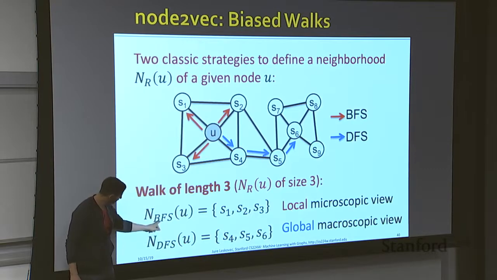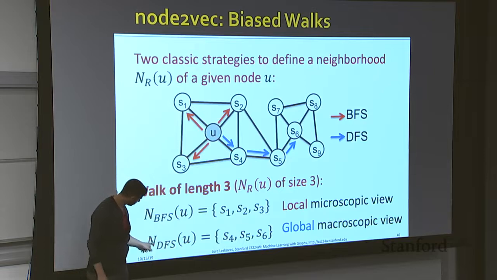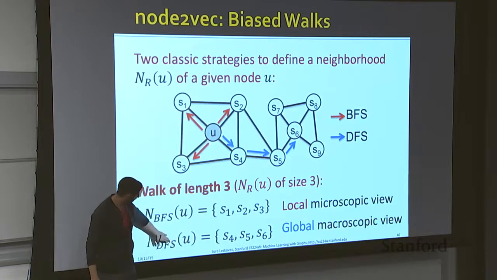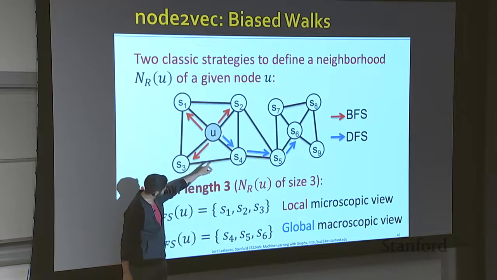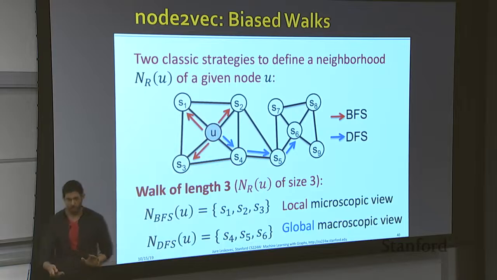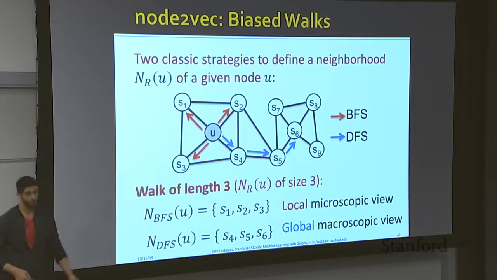Now the strategy is the way in which we traverse the graph. So our strategy to get this neighborhood N is the DFS, and in this case, we're going to be traversing through S4, S5, and S6. And this gives us a global macroscopic view over the graph.